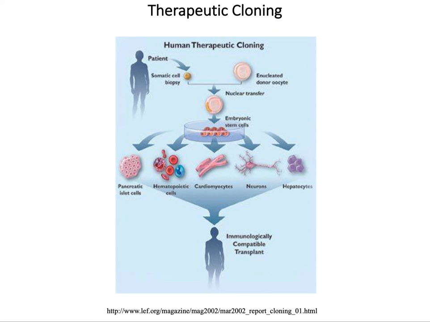That's what is meant by therapeutic cloning. In this case, you eliminate the disadvantage of transplant rejection, which is one of the disadvantages of embryonic stem cells. But you definitely are still faced with some ethical issues of destroying the blastocyst to generate these embryonic stem cells.